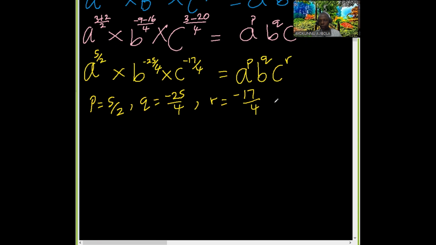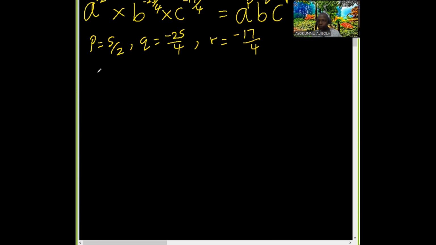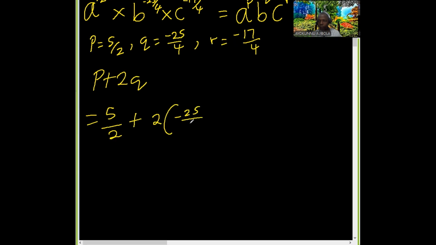P plus 2Q, okay? P plus 2Q. That means that will be P, which is 5 over 2, plus twice of Q. And these two can cancel this to become 2, okay? So the LCM is now 2.